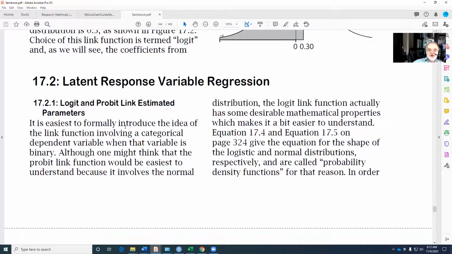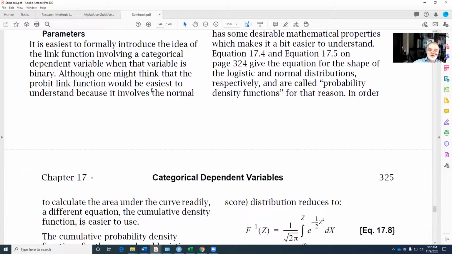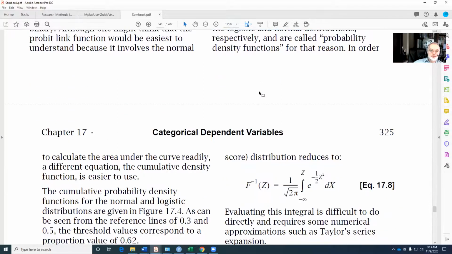So now we're going to use this idea of some kind of a threshold as indicating where you are on that variable we don't have in the context of a regression. Although you might think that the probit is easiest, the logit has some math properties that make it a little bit easier to understand here.